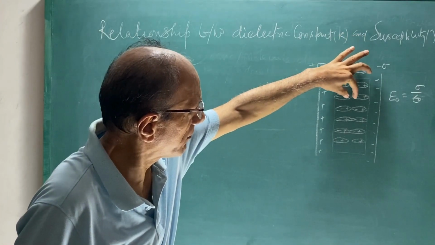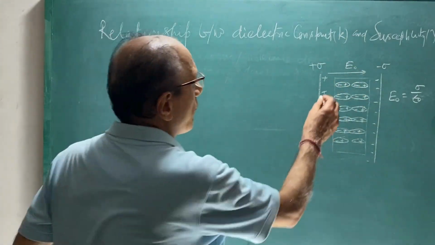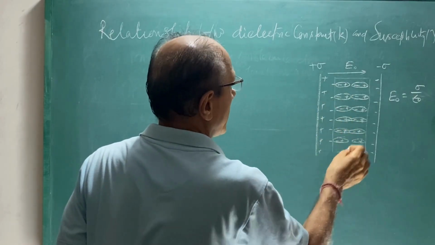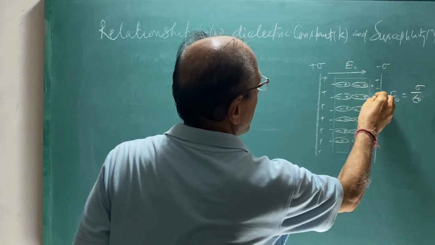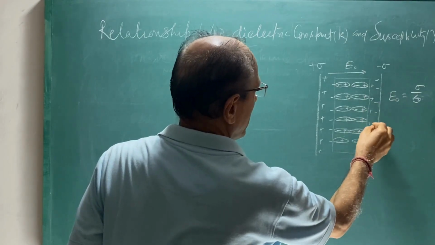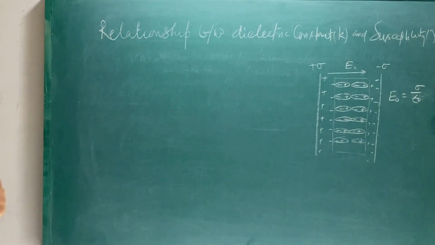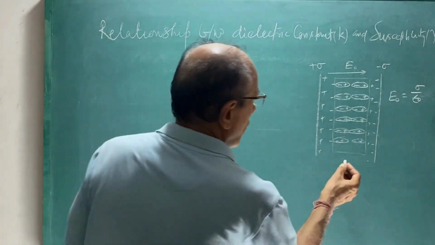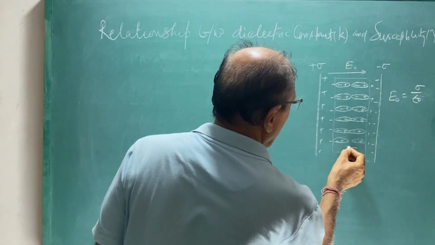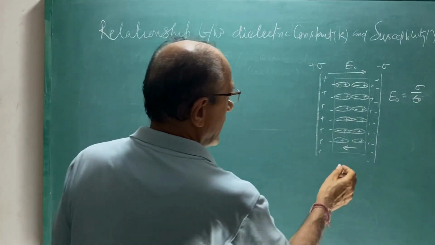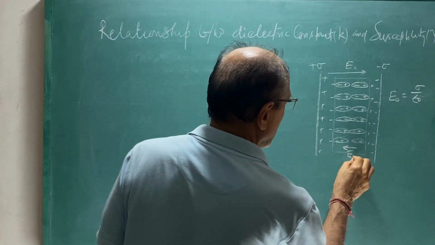These will cancel out, but only we will have negative appearing on this face of the dielectric and positive appearing on the other side of the dielectric. So here one electric field is induced and which is in the opposite direction to the applied, and that is suppose EP.